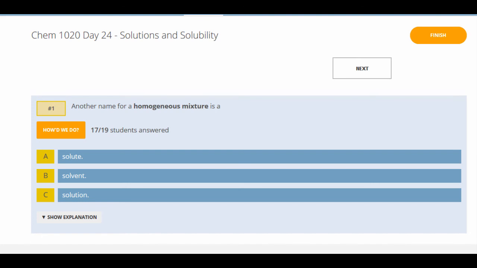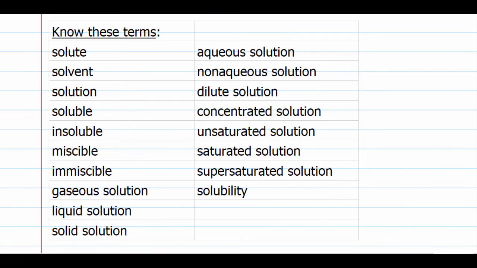so get your answers locked in. Get your answers locked in. And for those of you that would like to take a look at this list here, again, these are the solution terms that we will be using throughout actually the rest of the semester, not here just for Chapter 13, but for the rest of the semester.